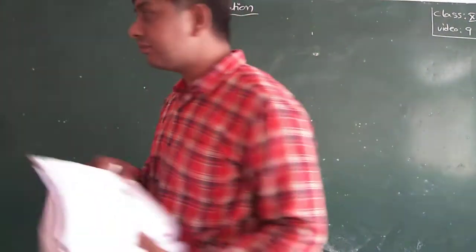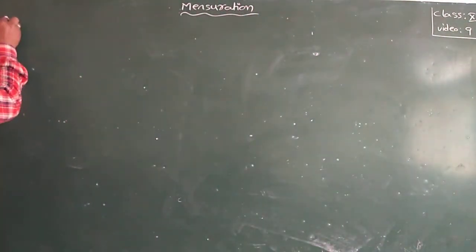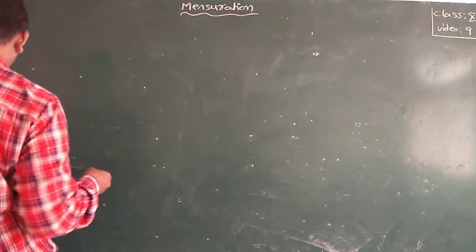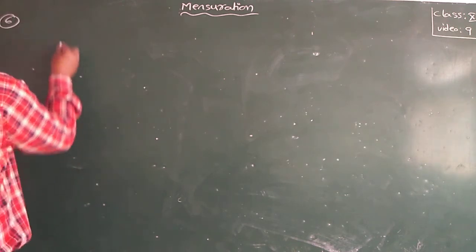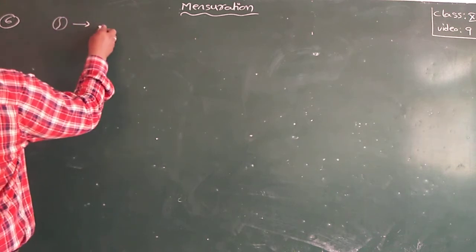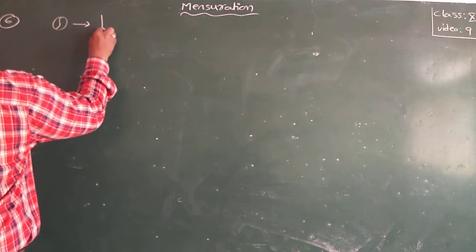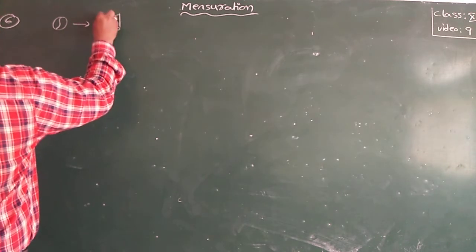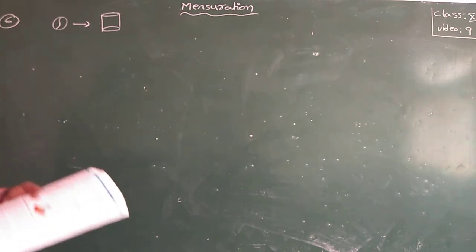Okay. Sixth question. A spherical marble of diameter 1.4 centimeters is dropped into a cylindrical beaker.